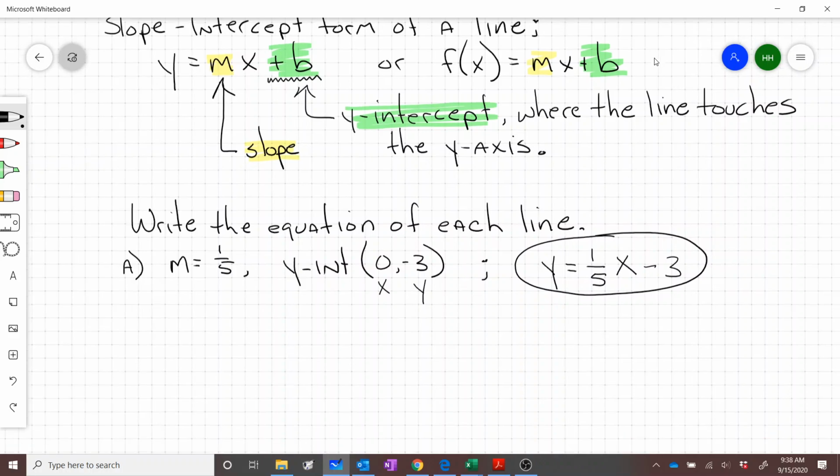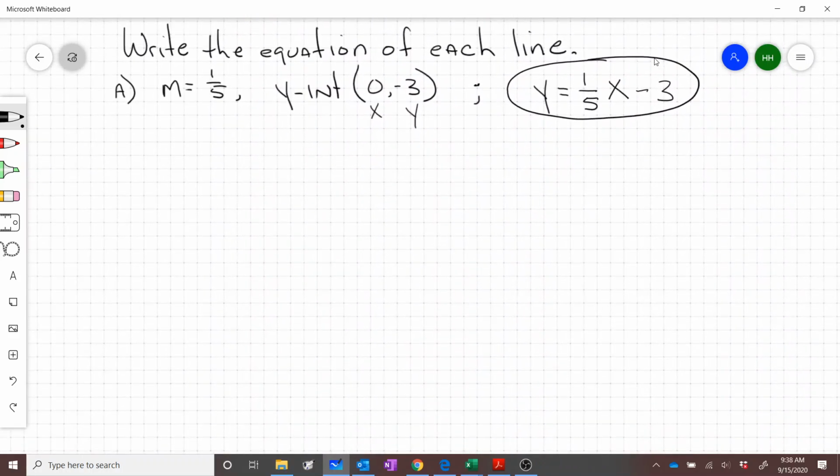If you are given the line on a graph and you're asked to write the equation of the line, and let's say the line looks something like this.